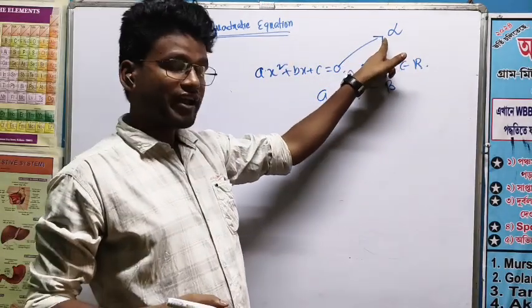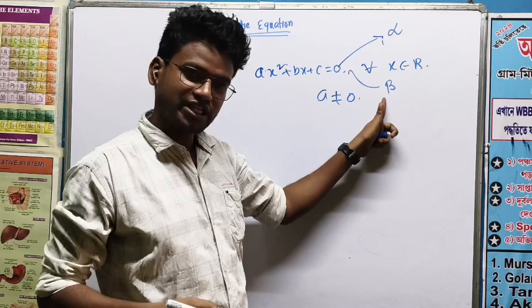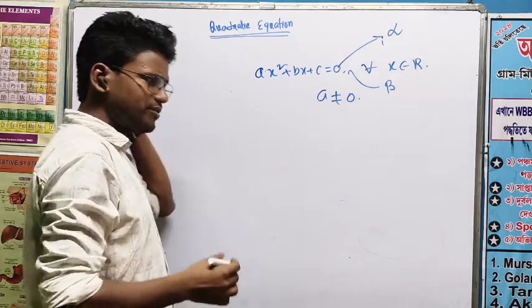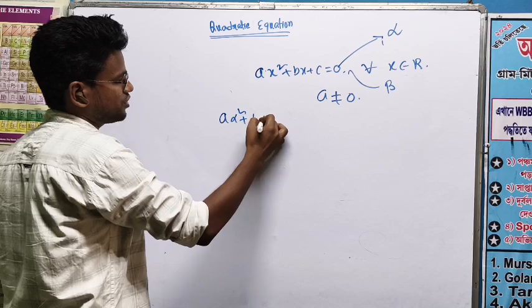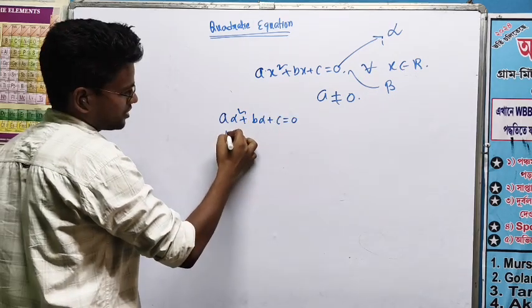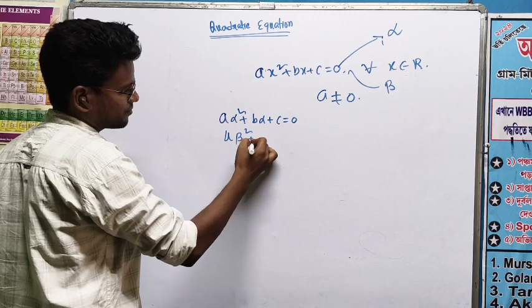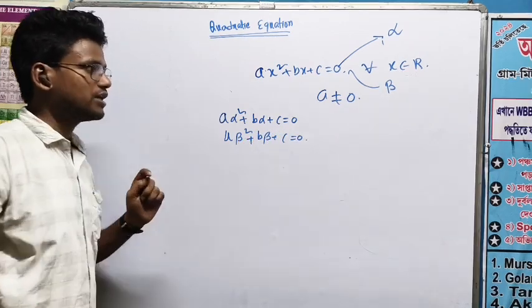Obviously when alpha is a root of that equation, alpha satisfies that equation, and obviously beta satisfies that equation. So a alpha square plus b alpha plus c is equal to 0, and a beta square plus b beta plus c is equal to 0.